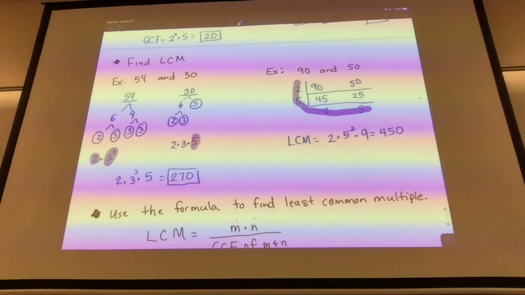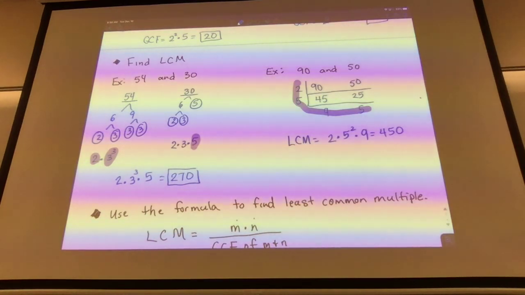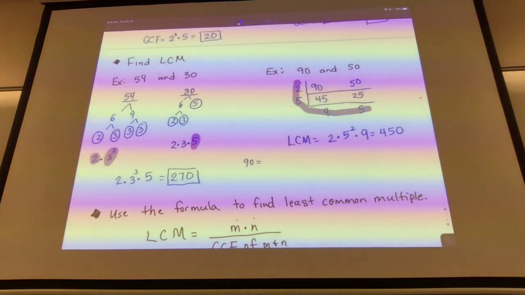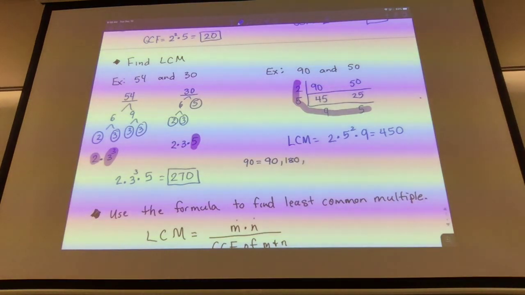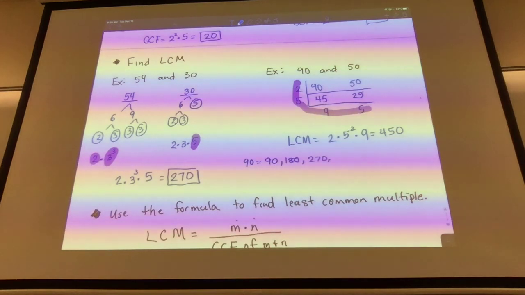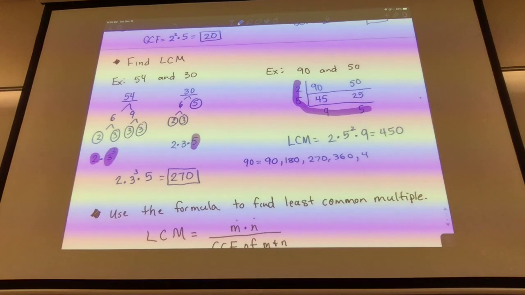Just recall, in least common multiples, the reason why you use all of them, or the least, is because if you were to do it a way you've probably done before, you could set up 90 and do all the multiples of 90. 90 times 2, 90 times 3, which is what? 270, 360, 450.